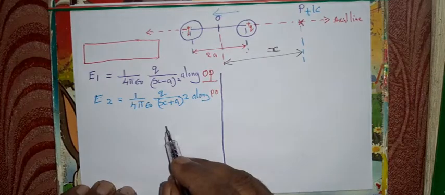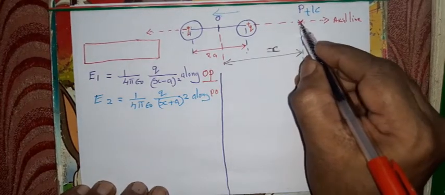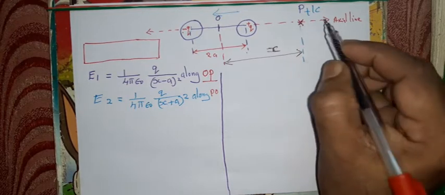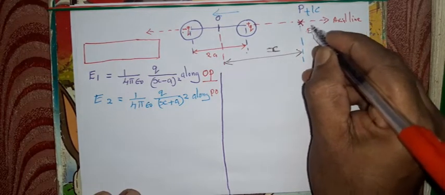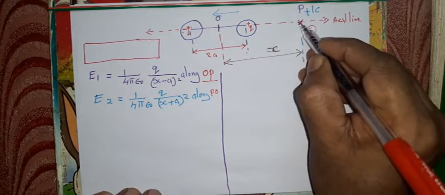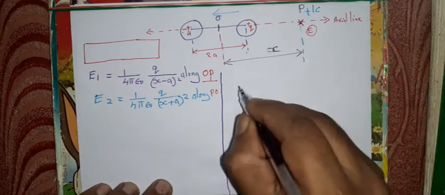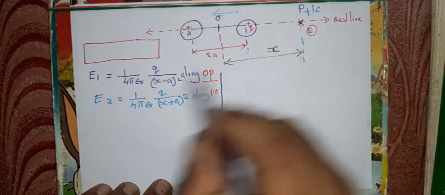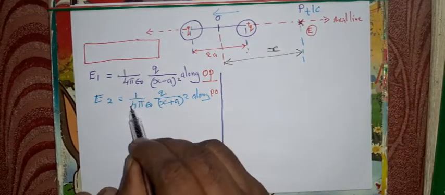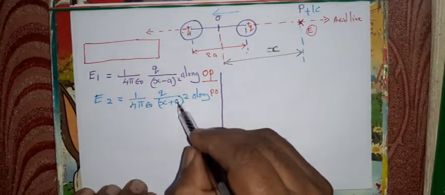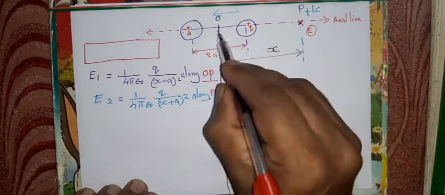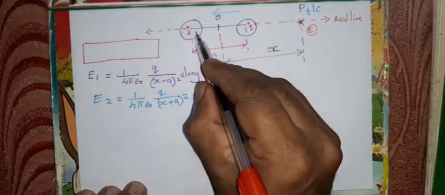Then, how to find out the intensity of the electric field at P due to the entire dipole? That is how to find out the E here. We can use the principle of superposition. By the principle of superposition, E is equal to E1 plus E2. Here, once you are trying to add, these quantities are in opposite directions. One is along OP, the other is along PO.